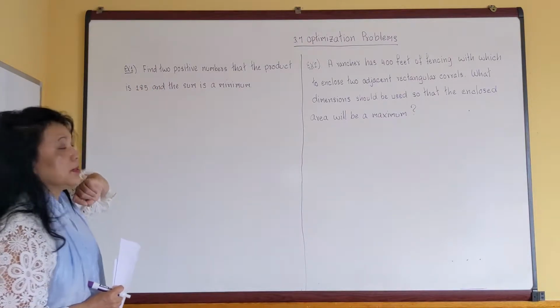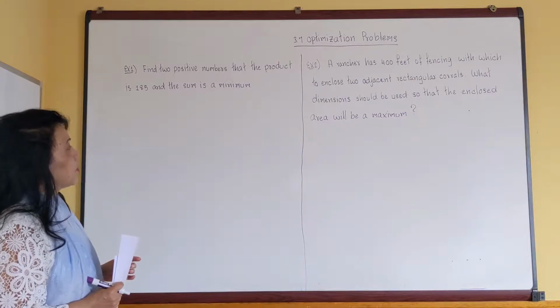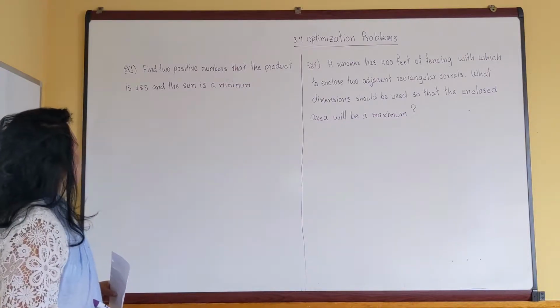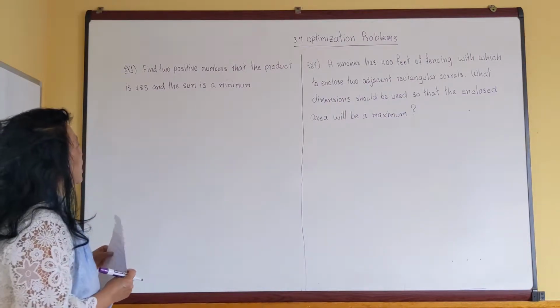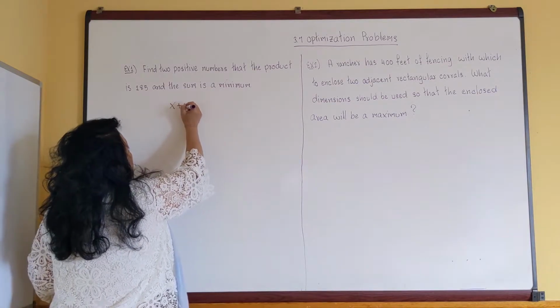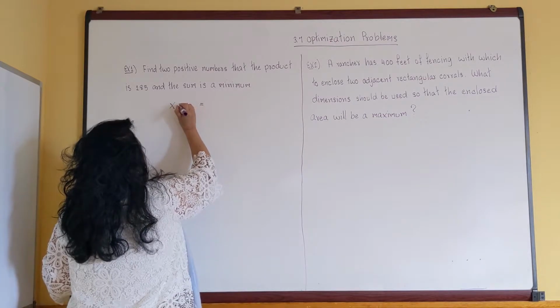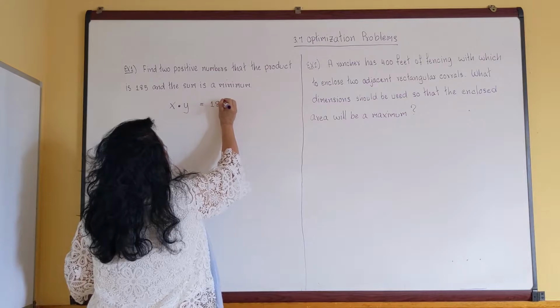Find two positive numbers whose product, meaning you multiply them, is 185. From this first part, I'm going to set the equation x times y is 185.